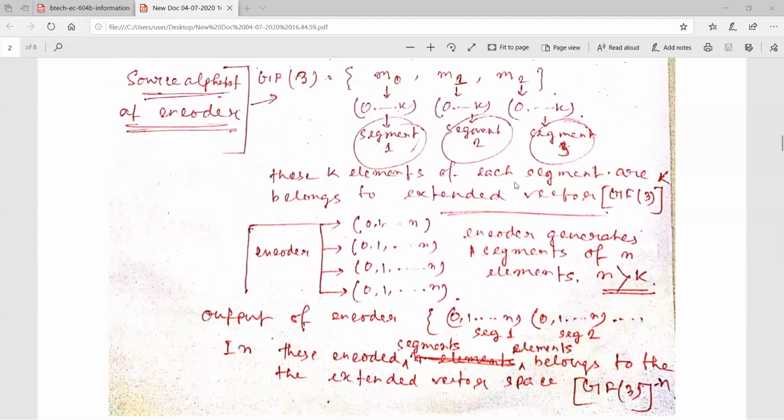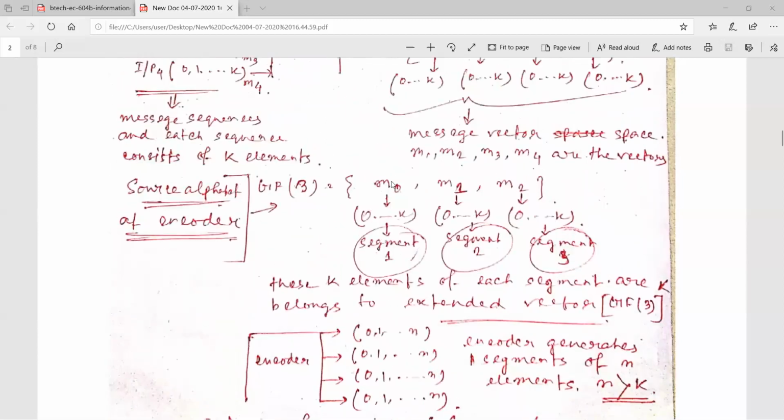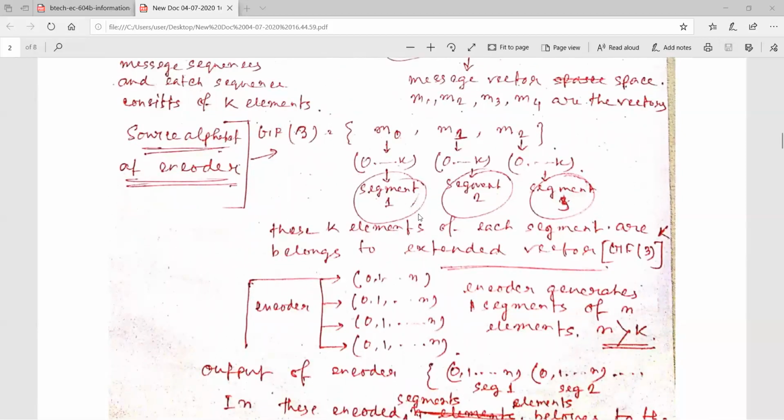These k elements of each segment, that means each vector consisting of k number of bits. There are three segments, that means GF3, and each segment consists of k bits. So the total number of message elements will be GF3 to the power k. That's basically a representation.